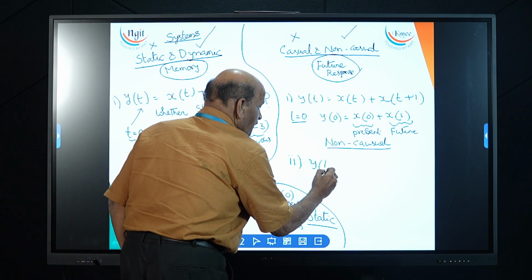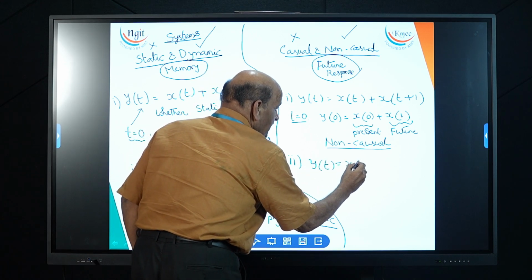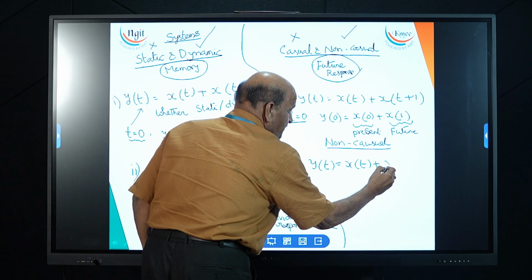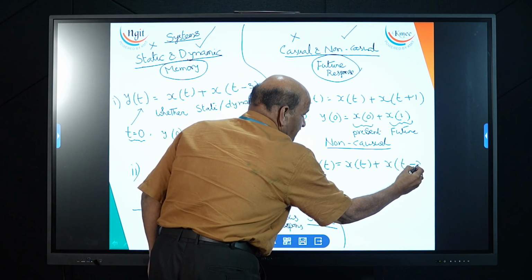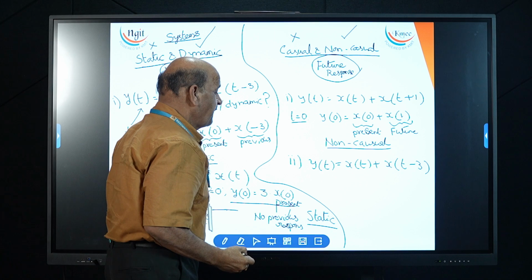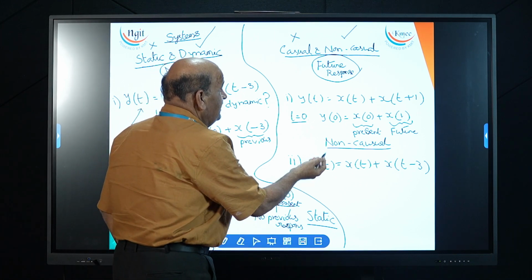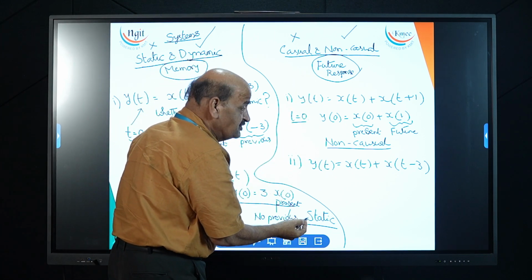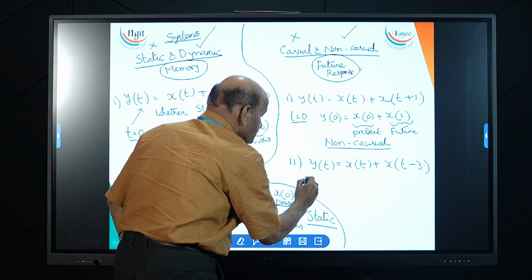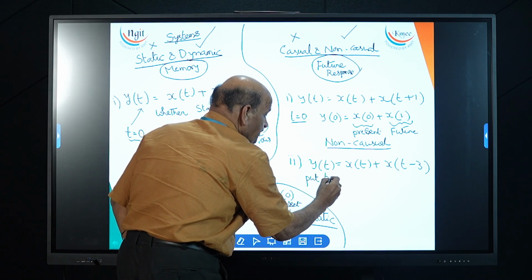Now you can make it another one. That means what? y of t is equal to x of t plus x of t minus 3. Now just look at here, verify whether the system is causal or non-causal. That means what? Put t equal to 0.